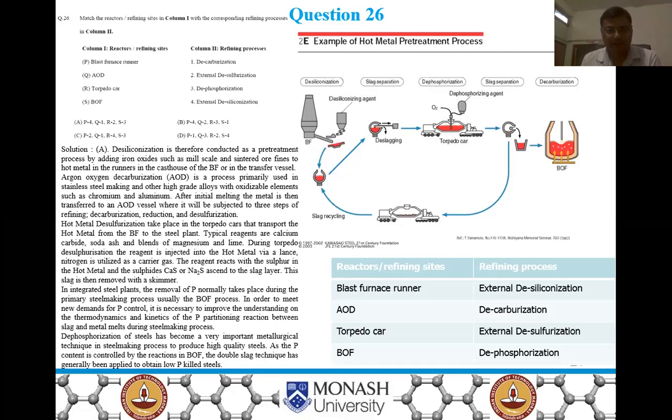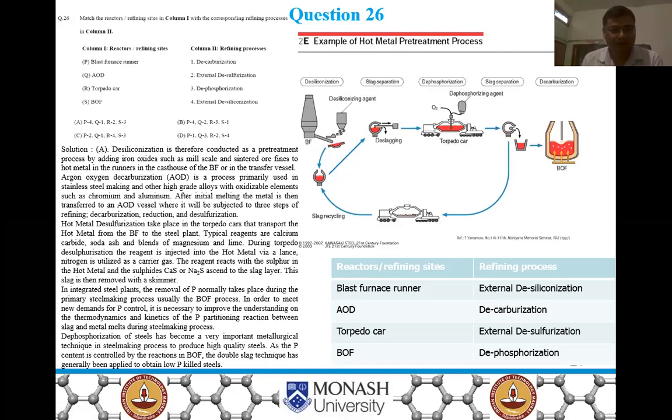So I will explain these processes also. Desulfurization is conducted as a pre-treatment process by adding iron oxide such as mill scale and sintered ore fines to hot metal in runners in cast house of blast furnace or in transfer vessel.